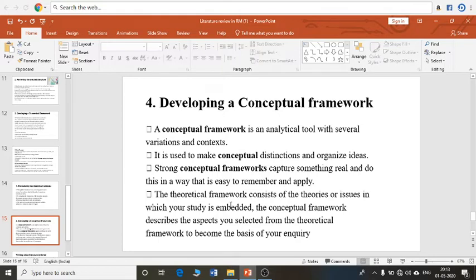There is a main difference between the theoretical framework and the conceptual framework. The theoretical framework provides the general set of rules within which a study occurs, whereas the conceptual framework refers to the specific ideas a researcher uses in the study. This is the main difference between the theoretical and conceptual framework.